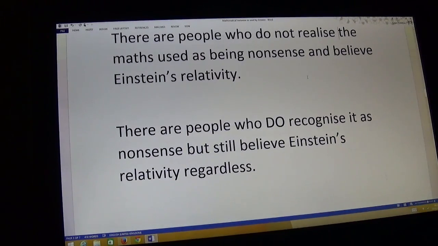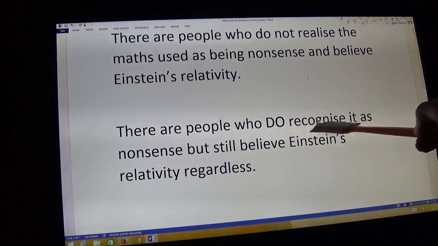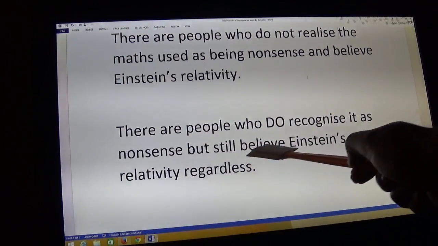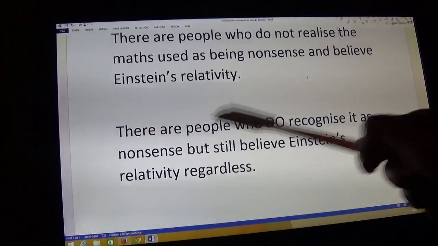While there are people who do recognise it as nonsense but still believe Einstein's relativity regardless.